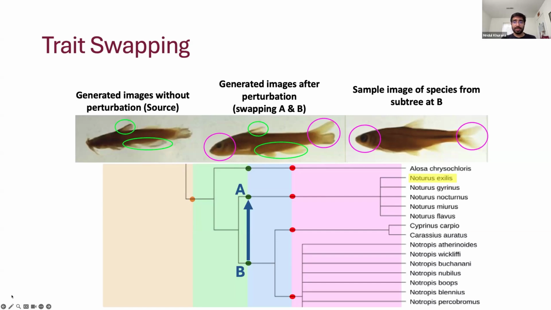And we also see that the tail fin is bifurcated into two, which is a common trait for the species belonging to subtree B. This suggests the hypothesis that the diversification of A from B at a certain point in evolution corresponds to the evolution of forked tail fins and the presence or absence of barbels. And we can thus say that PhyloDiffusion can produce results in a language that is more explainable to scientists, which enables scientific discoveries.